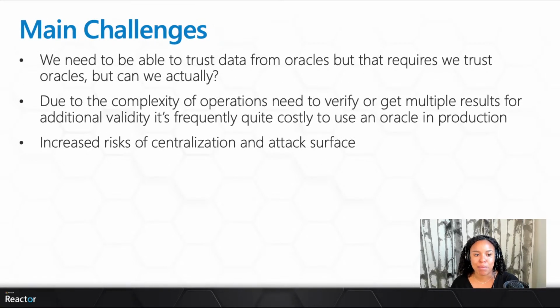But there are a number of challenges. We should be able to trust the data from oracles, but can we actually? I think that's a big question that comes up. Since a big benefit of blockchains is security, it is vital that an oracle ensures trust and security for smart contracts.